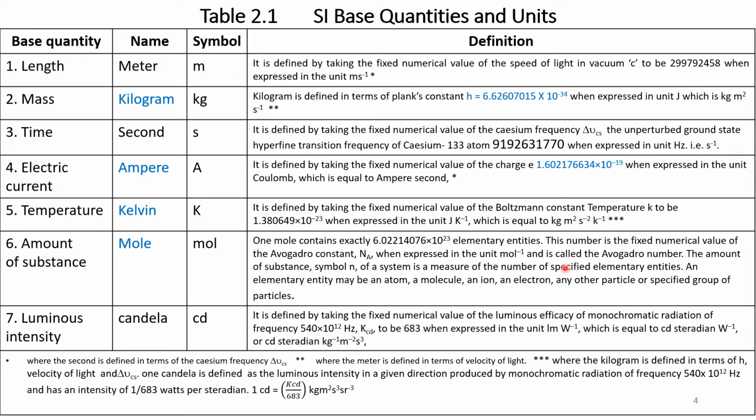The amount of substance, symbol n, of a system is a measure of the number of specified elementary entities. An elementary entity may be an atom, a molecule, an ion, an electron, or any other particle or specified group of particles.